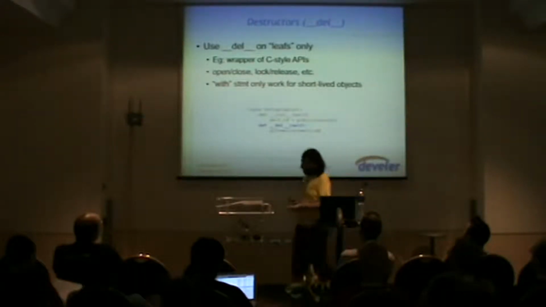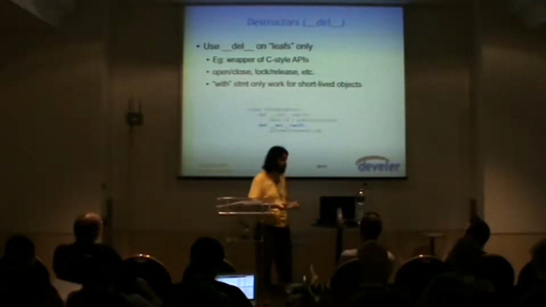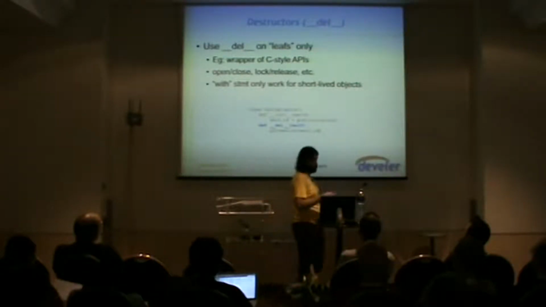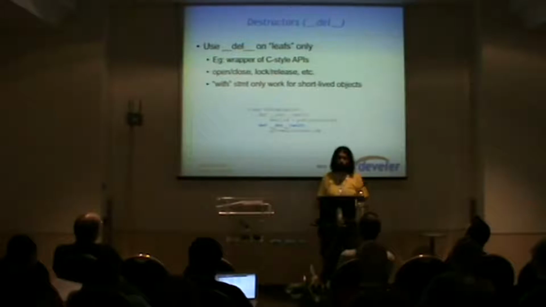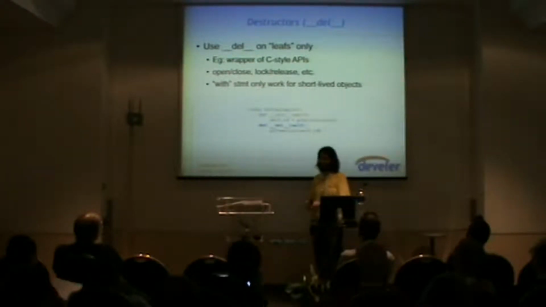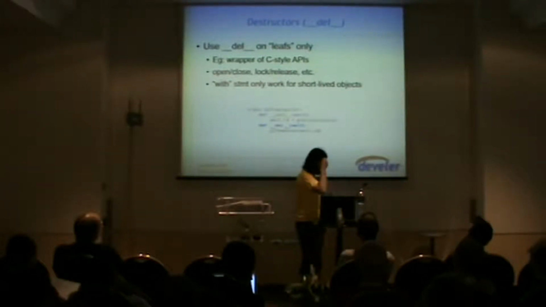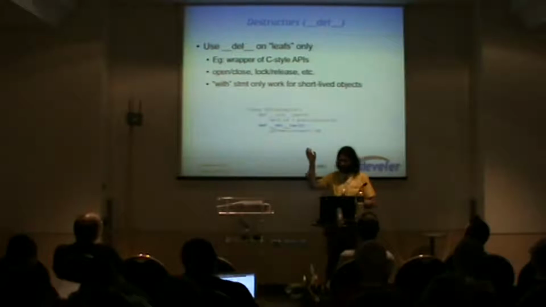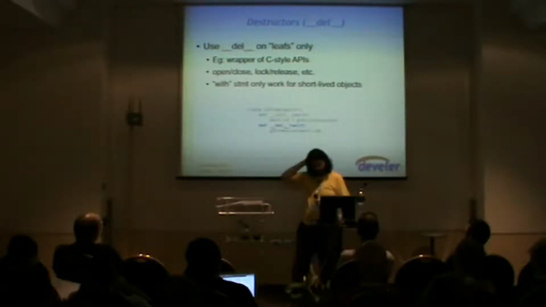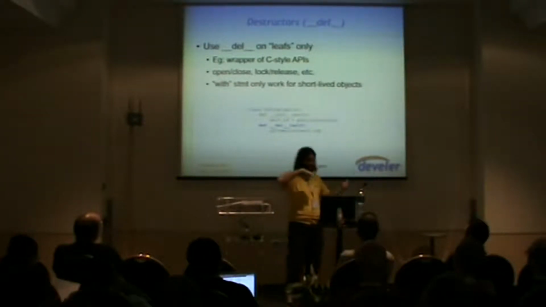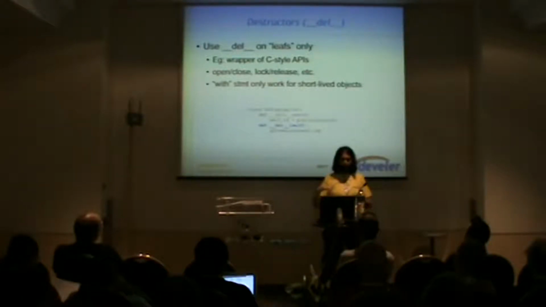So what you can do, if you want, is use del on leaves, on classes that you know will never be part of cycles, because they are just leaves. For instance, just to have an example, say you are wrapping some open, close, lock, release kind of APIs. There are better ways to do it, like the with statement, but just as an example.